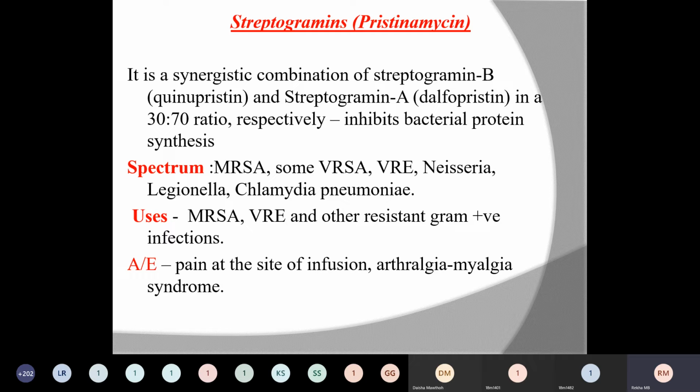Uses. It is used for resistant infections caused by MRSA and VRE. Adverse effects, it is not administered orally, it is administered parenterally, so you can have pain at the site of infusion. And the other important side effect is it can cause arthralgia myalgia syndrome, where you will have muscle pain and joint pain.